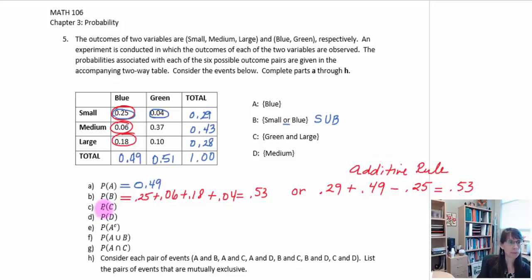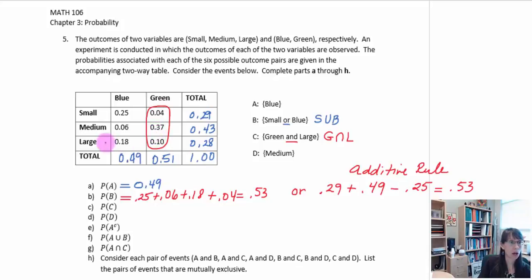Part C. The probability of event C means green and large. The word and implies intersection. So green intersecting large. So let's erase all of our circles. And we're looking for green. Here are the probabilities involving event green occurring.